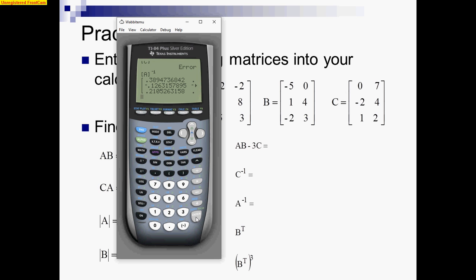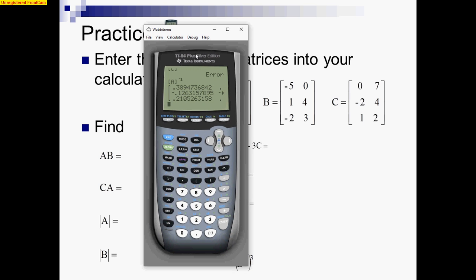What is that? Now remember, we found the determinant of A way back right before. Remember that? We found the determinant of A. So, you see this arrow over here? This arrow means that you should be able to go over and see, because I know my determinant is a 3 by 3, right? It's just a bunch of irrational numbers.